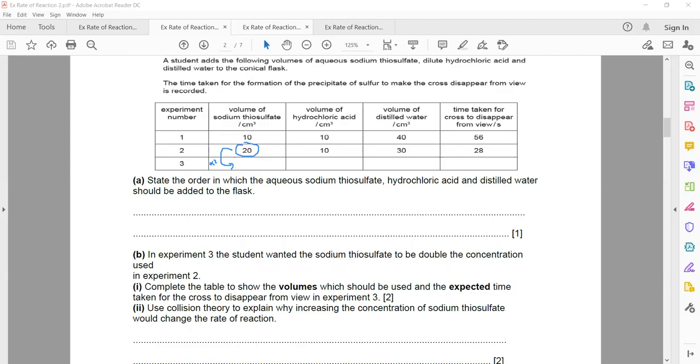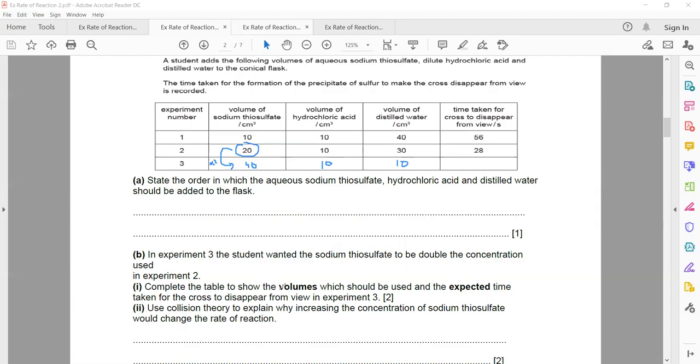So the student used 40 cm cube of thiosulfate, and the hydrochloric acid volume is not changed. It's 10. So what should be the volume of distilled water used in this experiment? It will be 10.